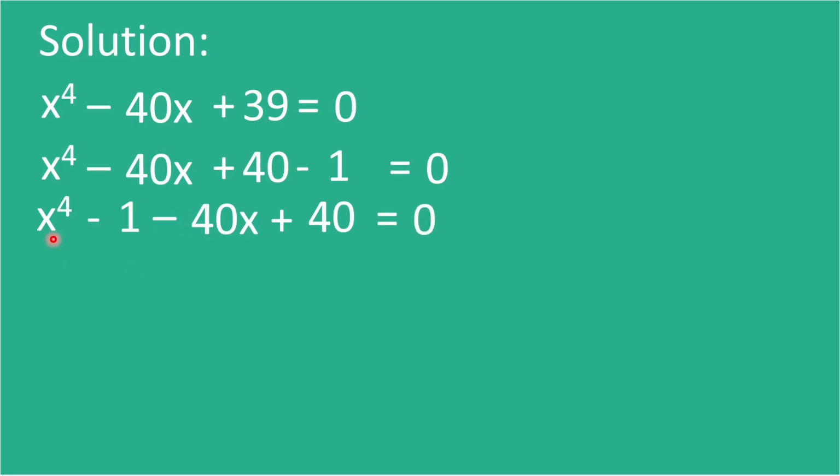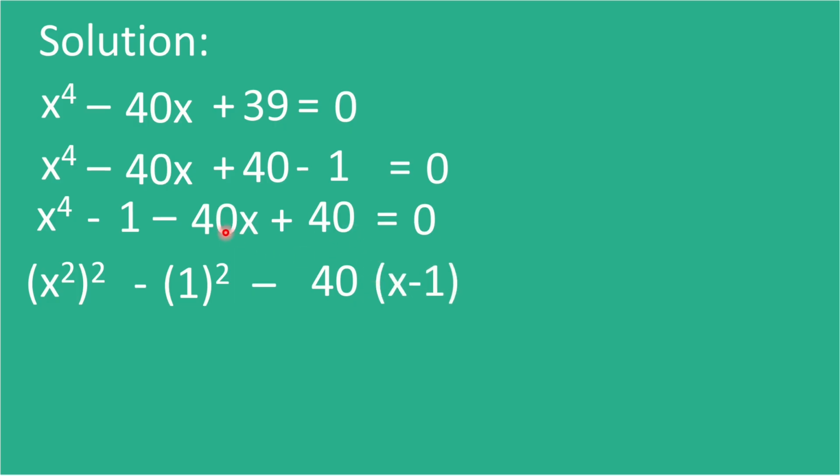Now we can write x⁴ as (x²)² − 1² − 40x + 40, where 40 is common, so we can write −40x + 40 as −40(x − 1), because we have taken 40 common from here, and this is equal to 0.